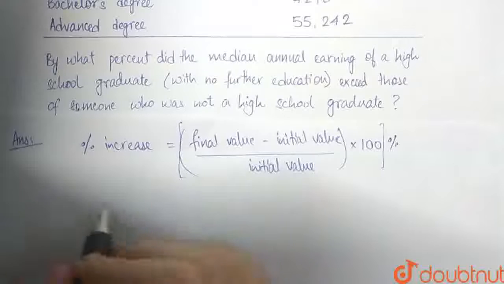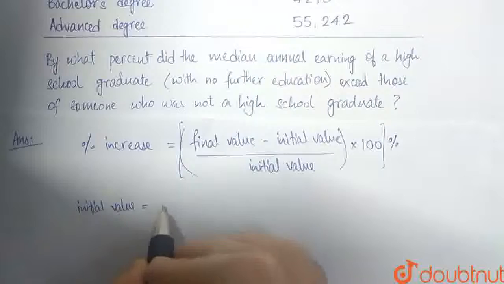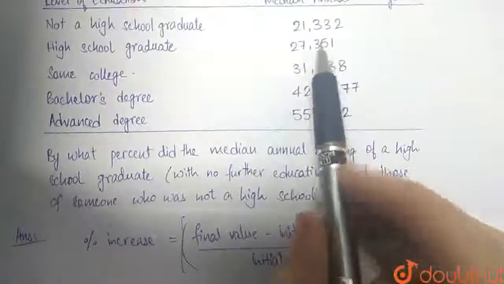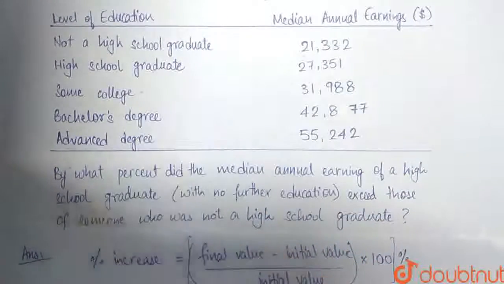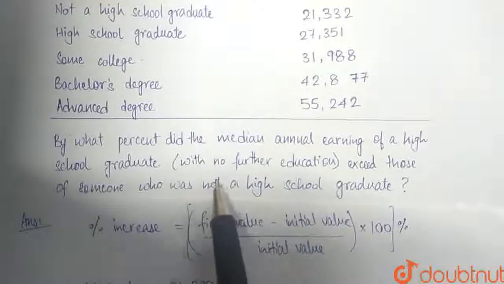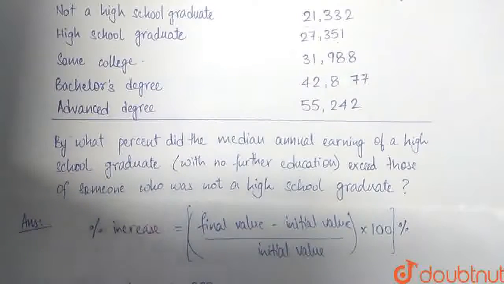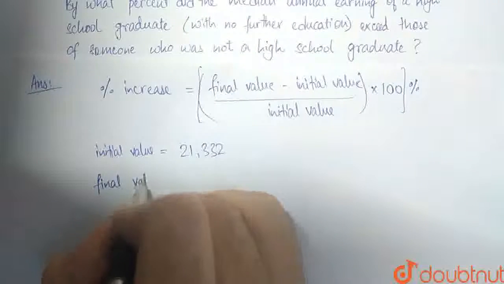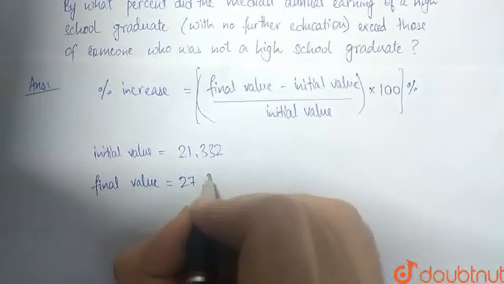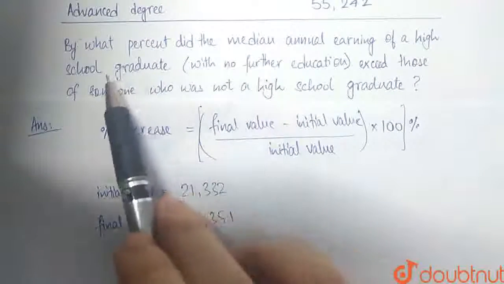So here the initial value will be 21,332, the median annual earnings of someone who is not a high school graduate. And since we need to find out how much the second value, that of a high school graduate, exceeds this one, the value that exceeds is the final value, which is 27,351, the median annual earning of someone who is a high school graduate, right?